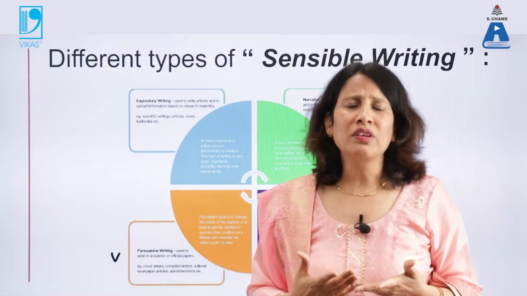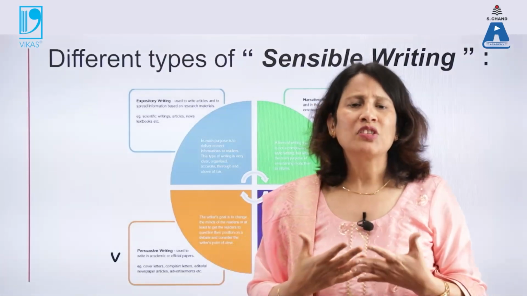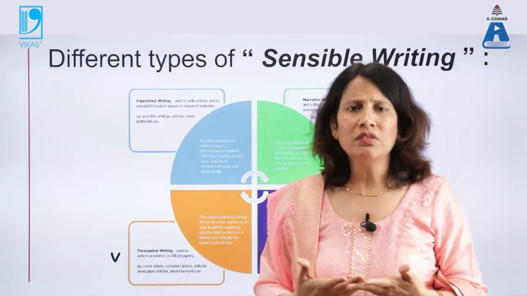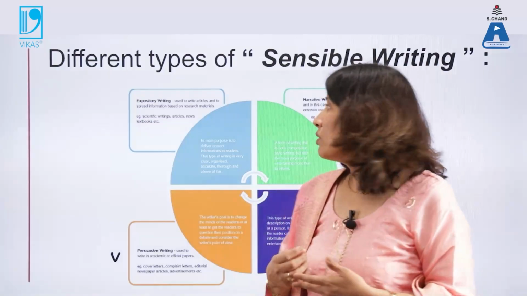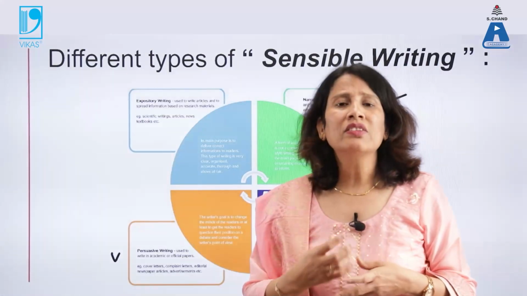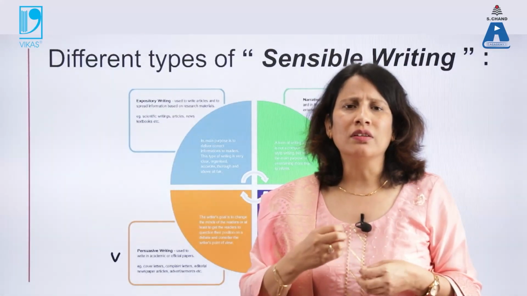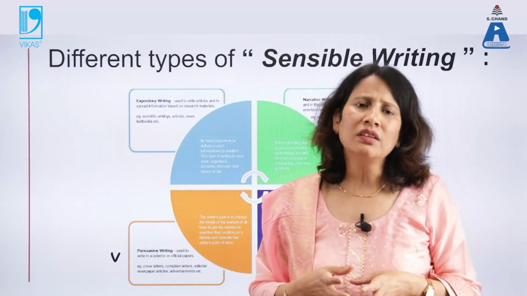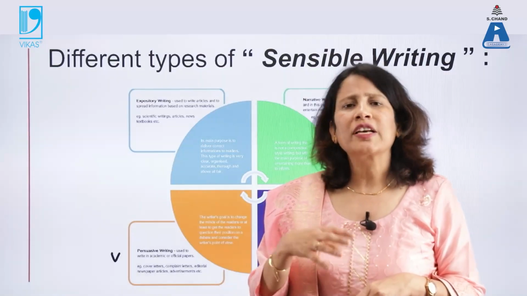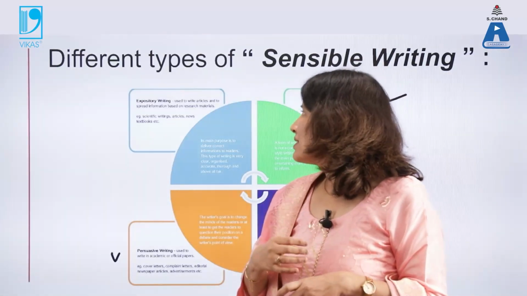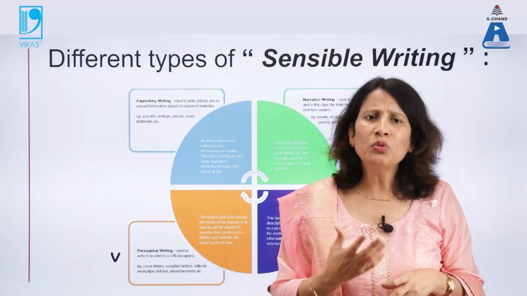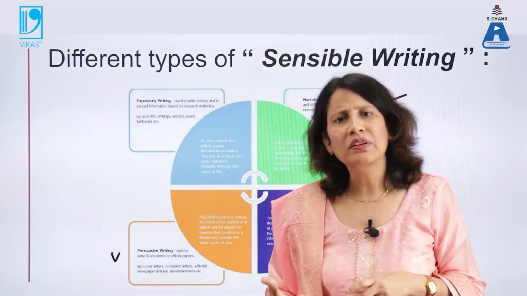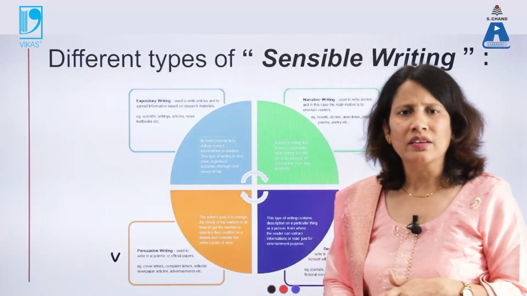Expository writing is something which tries to expose something deeper. So all articles or research material, whatever we write for a thesis or a research article, is a part of expository writing. All scientific writing, news and textbooks would be termed expository writing.